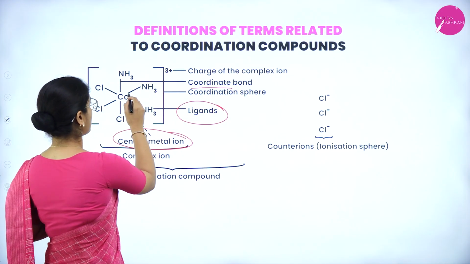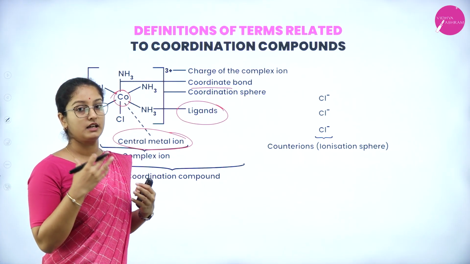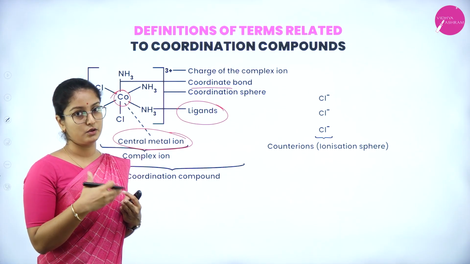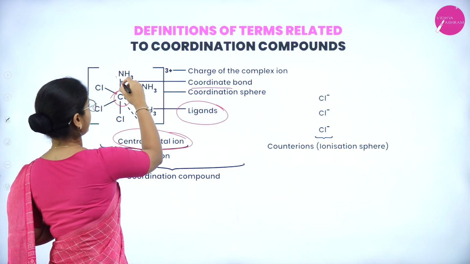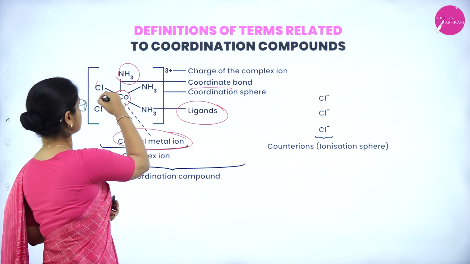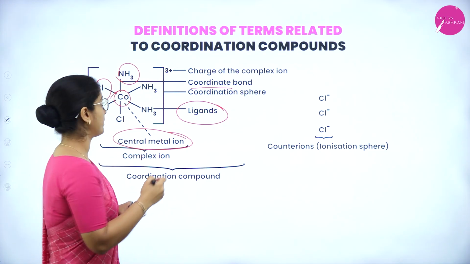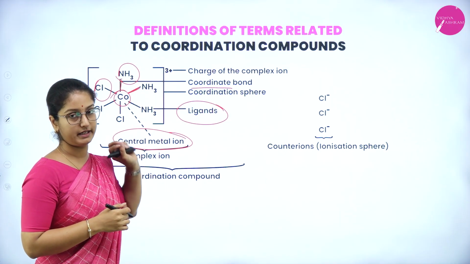So if cobalt is the central metal atom, we have understood that neutral atoms or molecules or ions can donate the lone pair of electrons to the central metal atom. So here the molecules or ions are going to donate electrons to the central metal atom, forming the coordinate bond between all the elements.